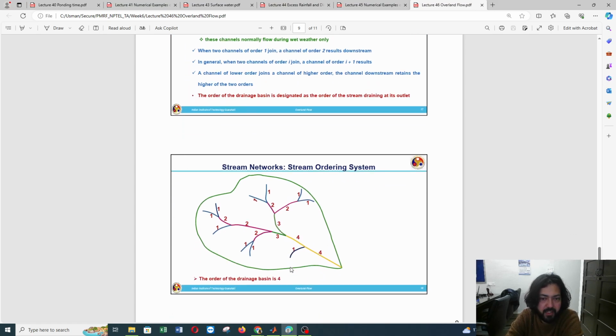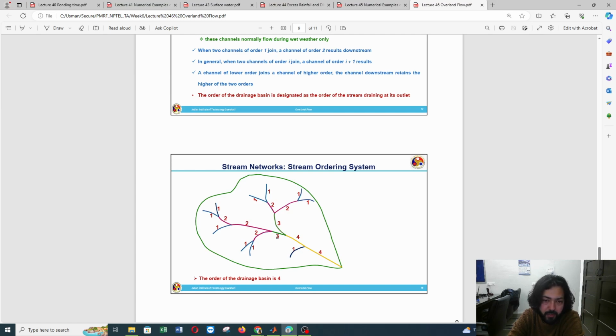If you look at this diagram, there is an approach given by Horton which helps us to name the stream order. If you look at this curve, when two streams of order 1 meet, they give you a stream of order 2. If you look at this 2 and 1, when a stream of order 1 and a stream of order 2 meet, it will give you a stream order of 2.